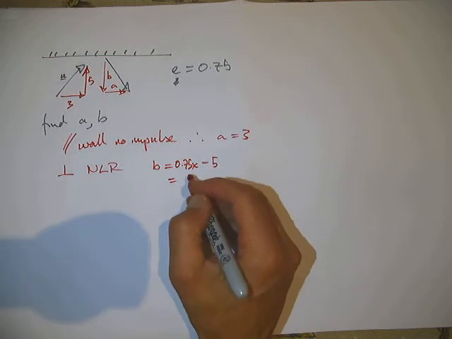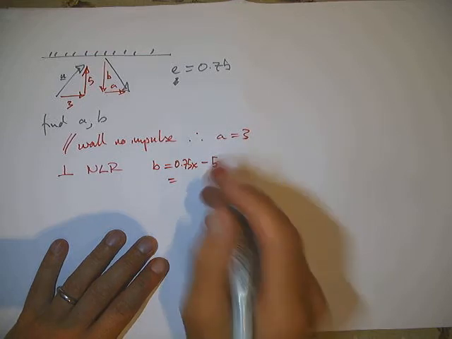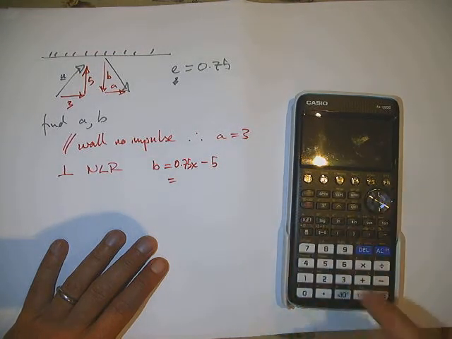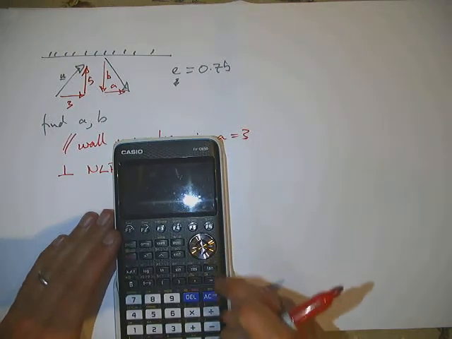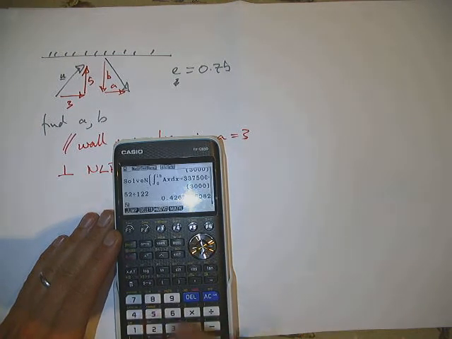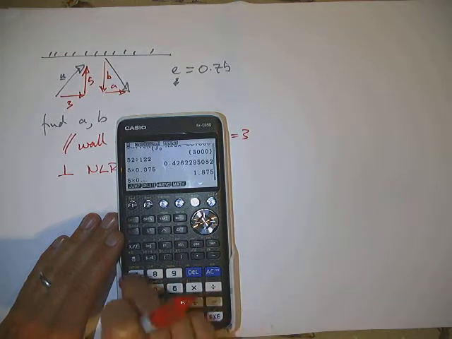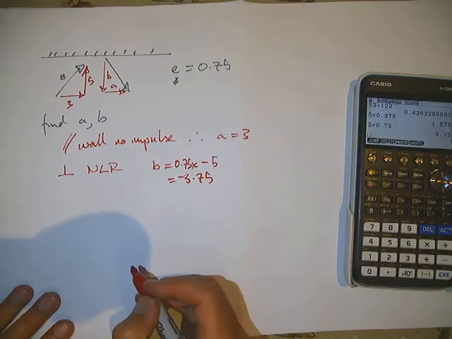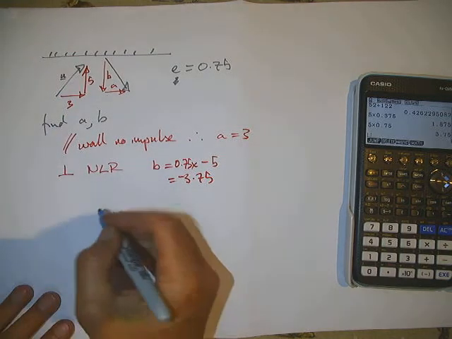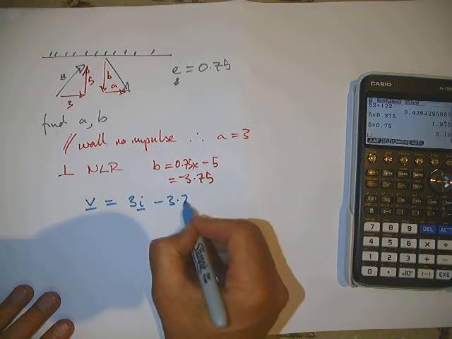So 3/4 of 5 is, well, I don't agree with the book there. 5 times 0.75 equals 3.75, but negative. So the final velocity is 3I take 3.75j.